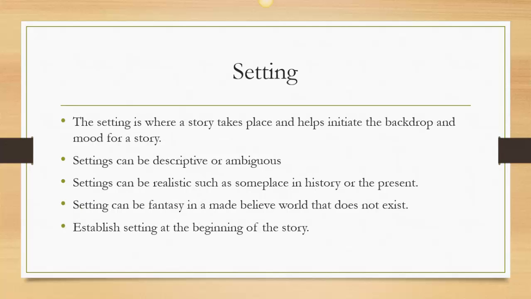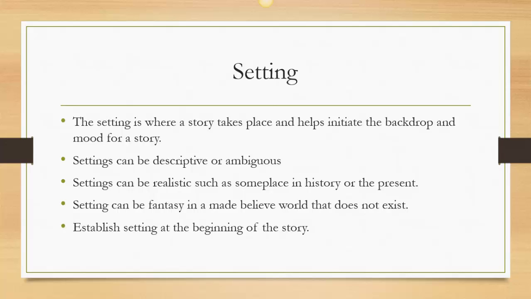Next is setting. The setting is where a story takes place and helps initiate the backdrop and mood for the story. Settings can be descriptive or ambiguous. Now, what that means is an author can describe their setting in depth, or it can be ambiguous, which basically means they leave the setting up to you.